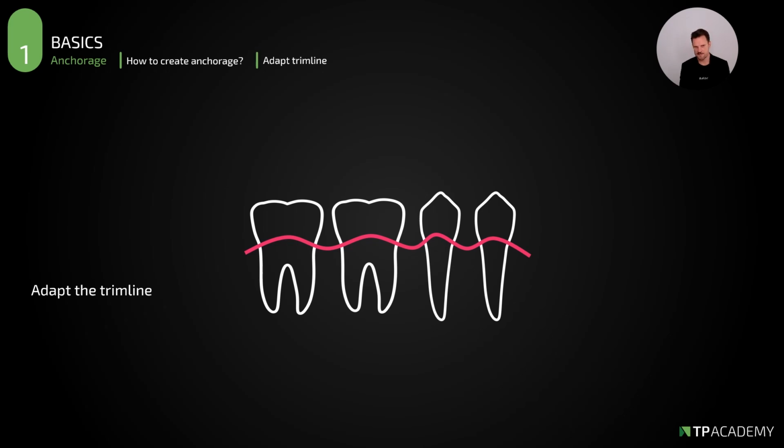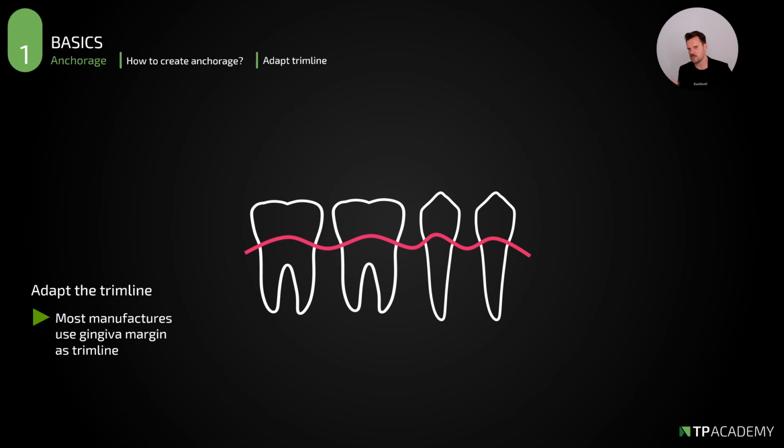So with Invisalign, we always have the trim line at the gingiva margin. And we have a very good system because we have optimized attachments. We have a system that really works, and we don't necessarily need to change the trim line.